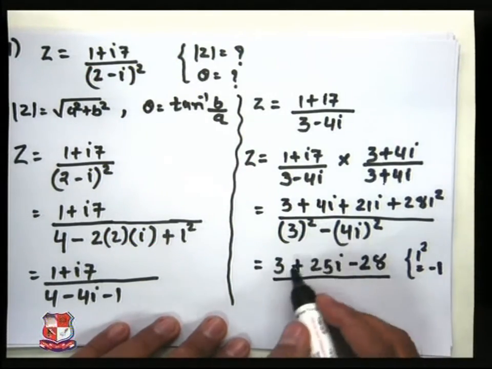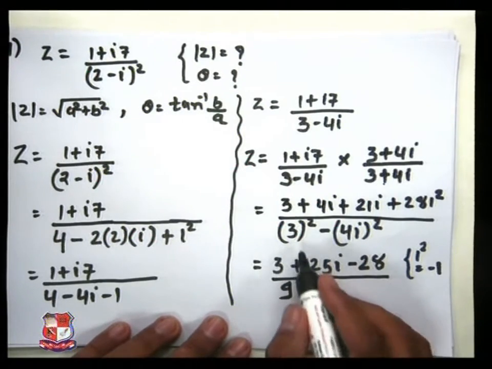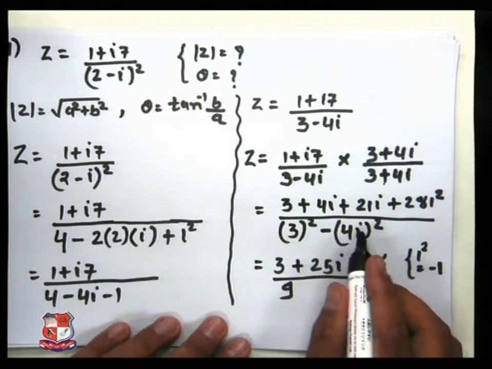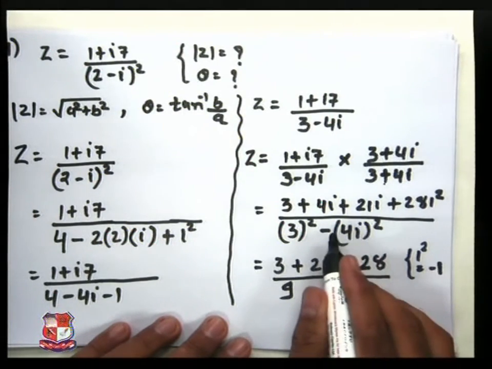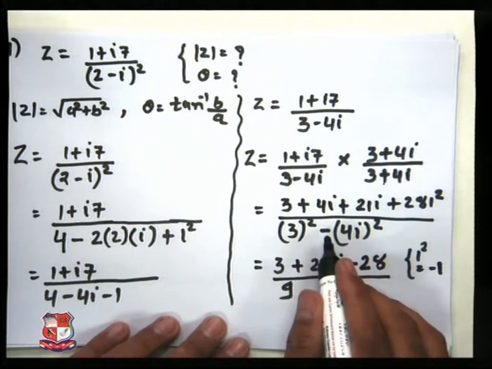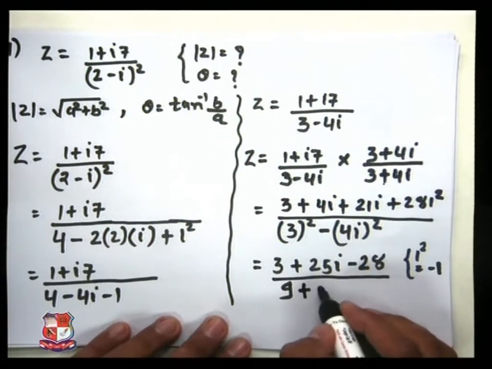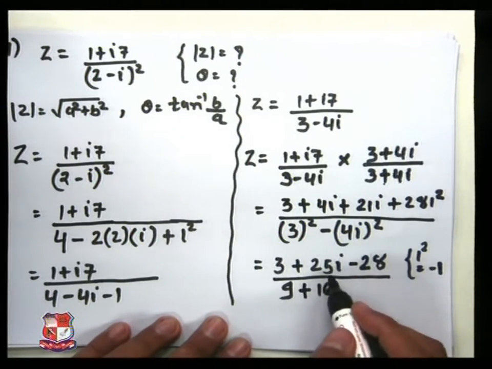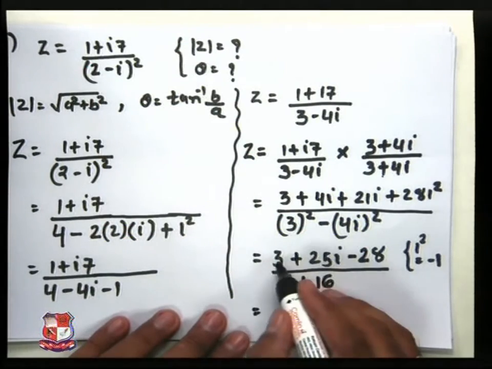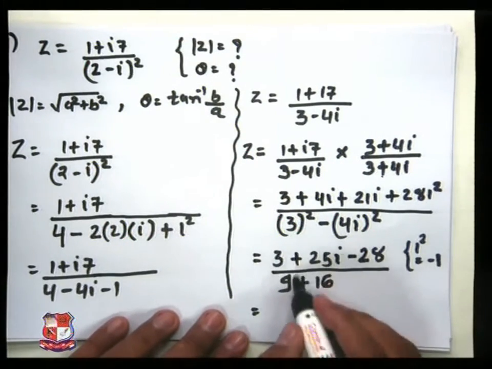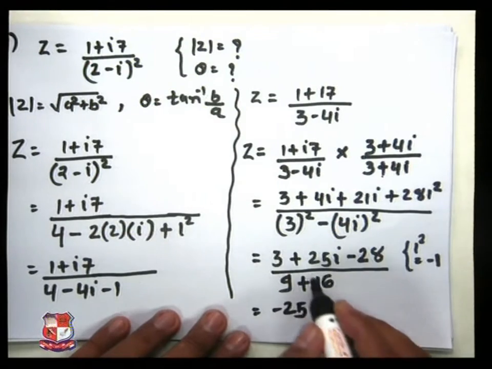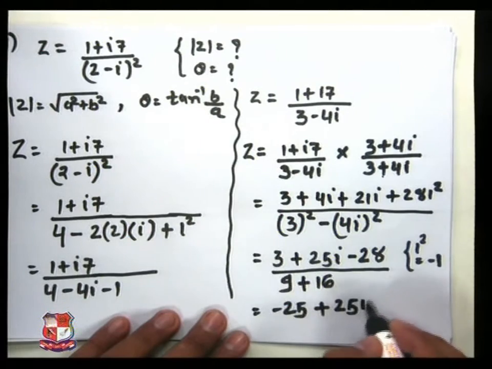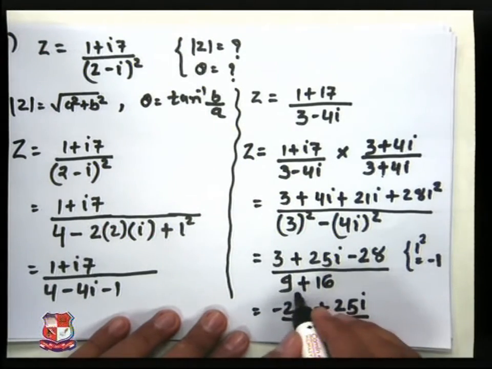The denominator is 3 square, that is 9, minus 4 square i square, that is 16 times minus 1. Minus minus becomes plus, so 16. Now we simplify again: 3 minus 28 becomes minus 25, and our i value is 25i, divided by 9 plus 16, that is 25.